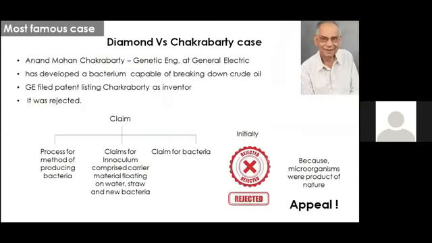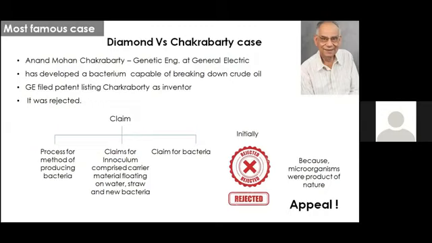However, the most famous case concerning microorganisms and patents is the Diamond versus Chakrabarty case. Unfortunately, Ananda Mohan Chakrabarty passed away this month, on the 10th of July. Around the 70s and 80s, he was working as a genetic engineer at the General Electric company, where he was involved in developing a bacterium capable of breaking down crude oil.